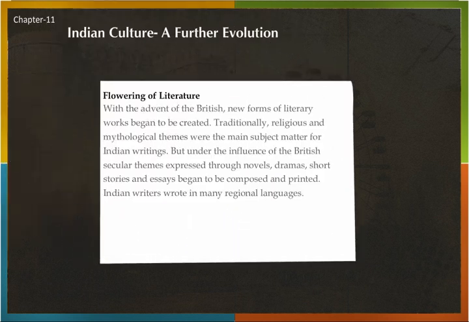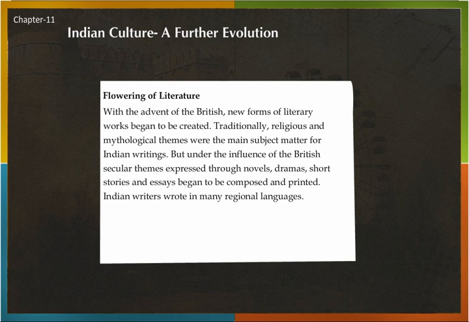Flowering of literature. With the advent of the British, new forms of literary works began to be created. Traditionally, religious and mythological themes were the main subject matter for Indian writing, but under the influence of the British, secular themes expressed through novels, dramas, short stories, and essays began to be composed and printed.